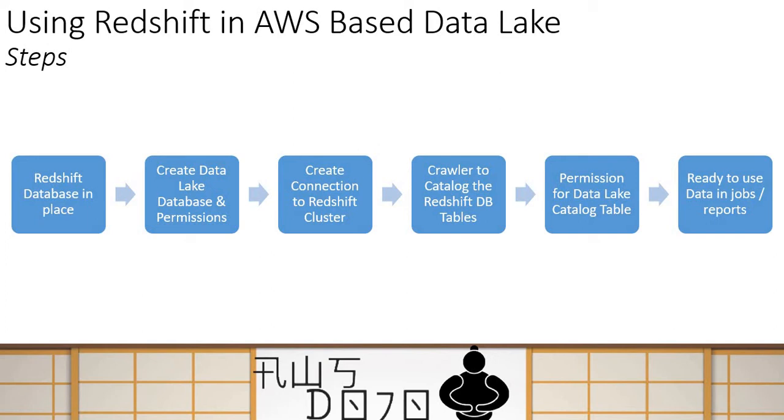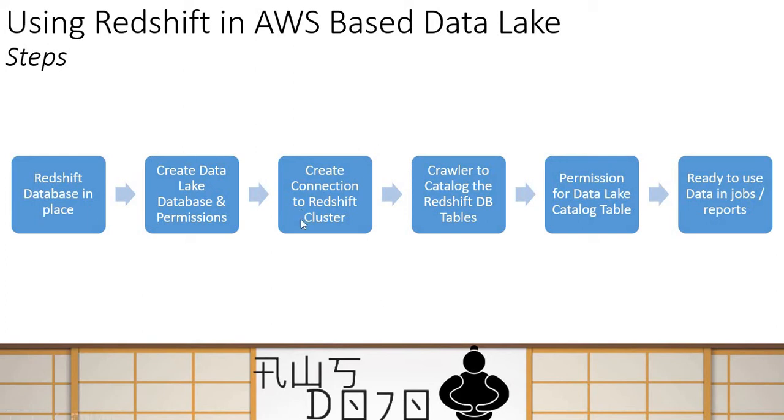Your Redshift database should be in place, and you have to configure it in a certain way. Then you need to create a database in Lake Formation, in your data lake, and then you need to configure certain permissions so that table catalogs can be created inside the database.